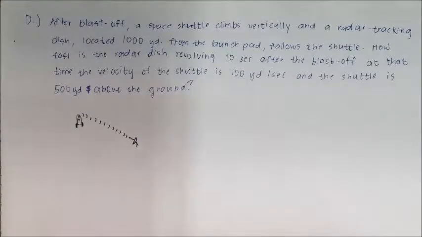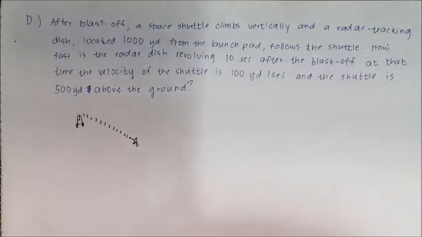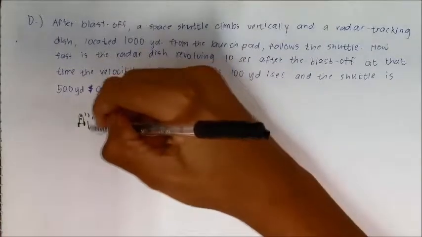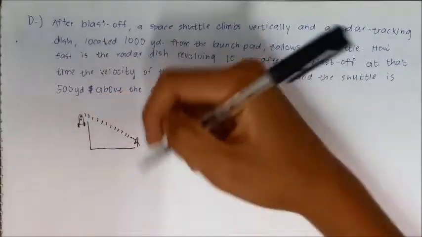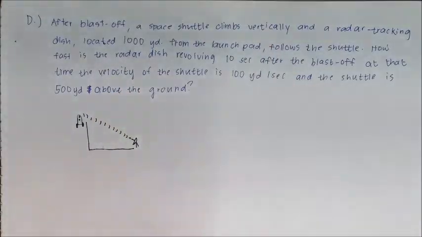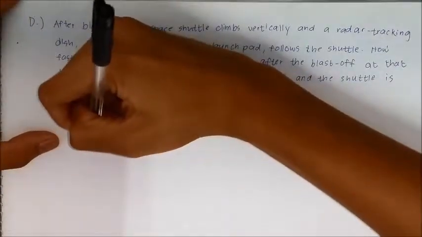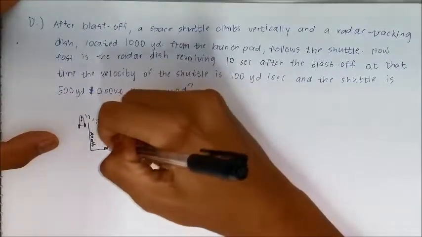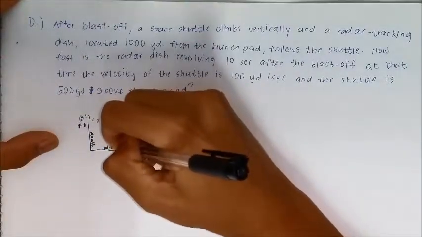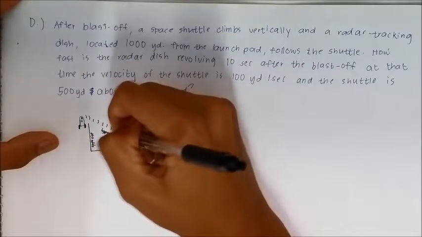From this, we can see that this image actually forms a triangle, this being the opposite, this being the adjacent, and this side being the hypotenuse.